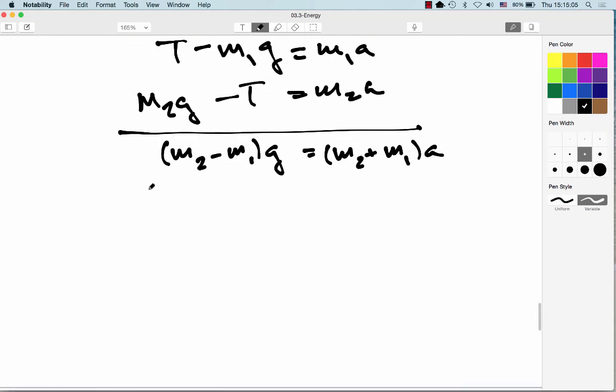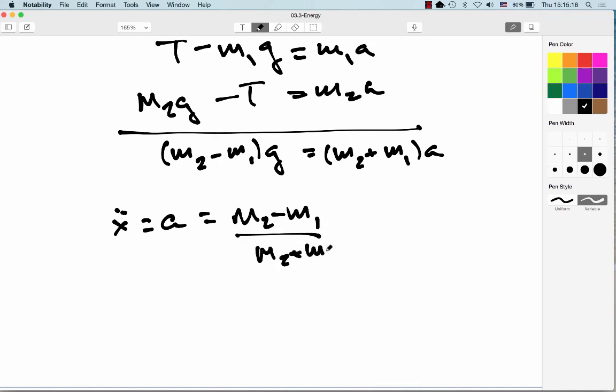So we get that our acceleration a, or if we prefer, x double dot, will be equal to M2 minus M1 over M2 plus M1 times g.